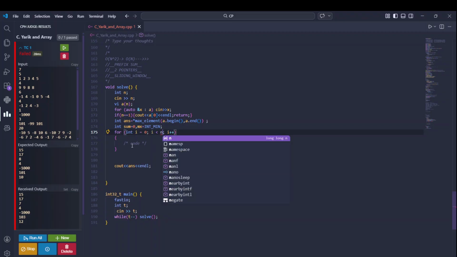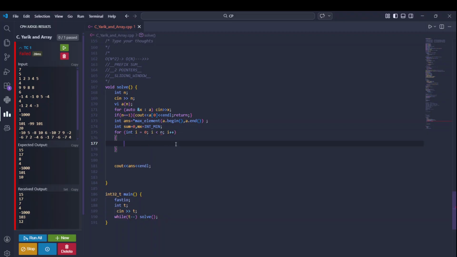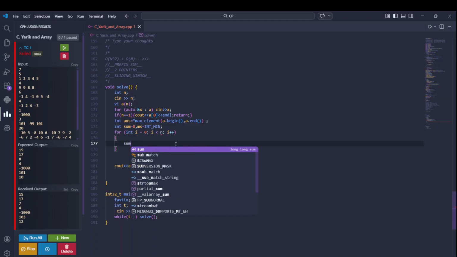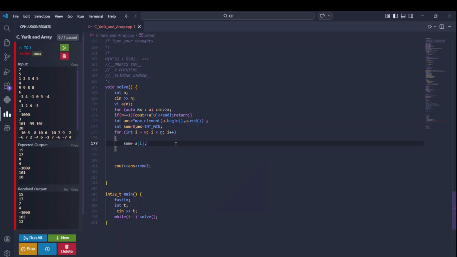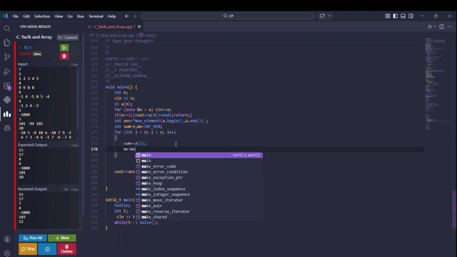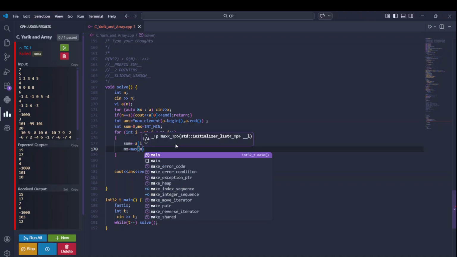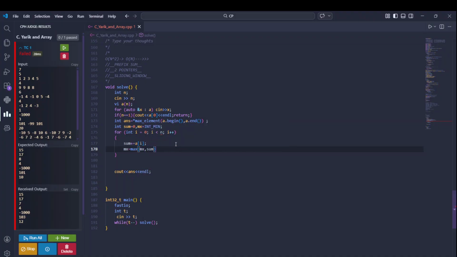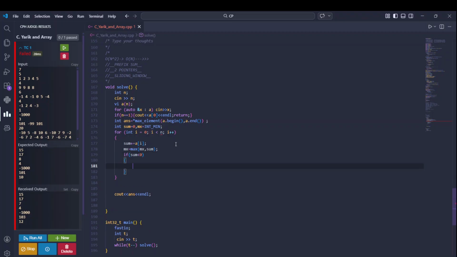For i, sum plus equals a of i and mx equals max of mx comma sum, and what we just say, if my sum is less than 0 anytime, just update it and make sum as 0.